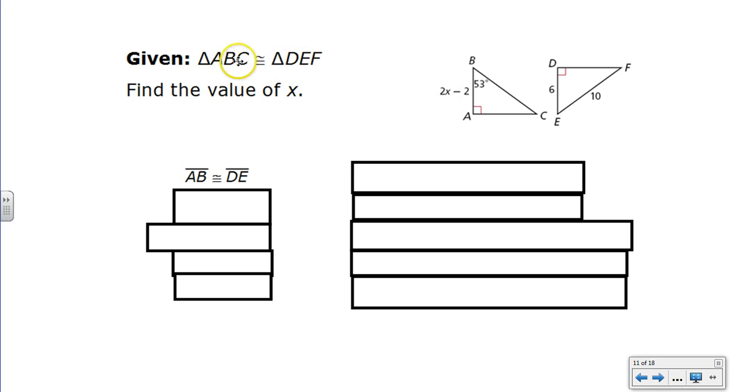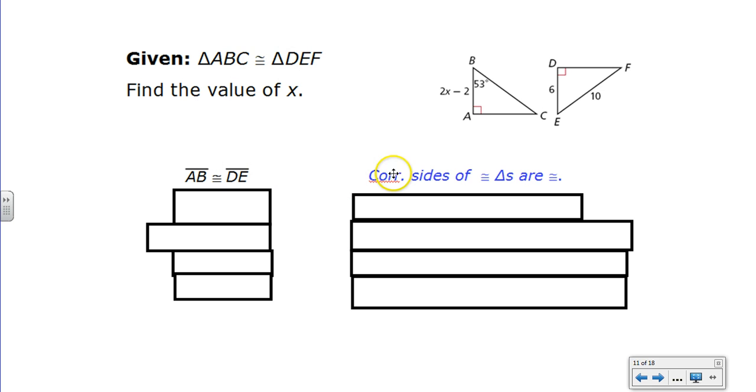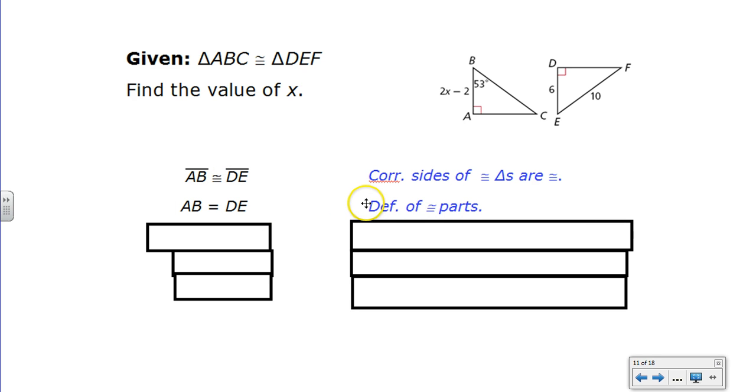Just looking at this congruency statement, we can see that this triangle and this triangle are oriented a little differently on the plane here. But with the statement, we can easily see AB corresponds to DE. And that is corresponding sides of congruent triangles are congruent. So if they are congruent, what can we say about these segments? They are equal. Definition of congruent parts, right? And what do we know about AB?